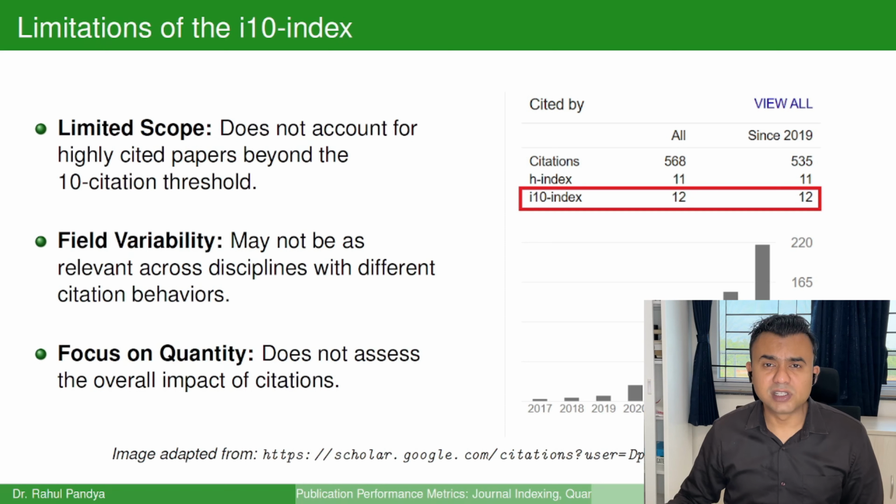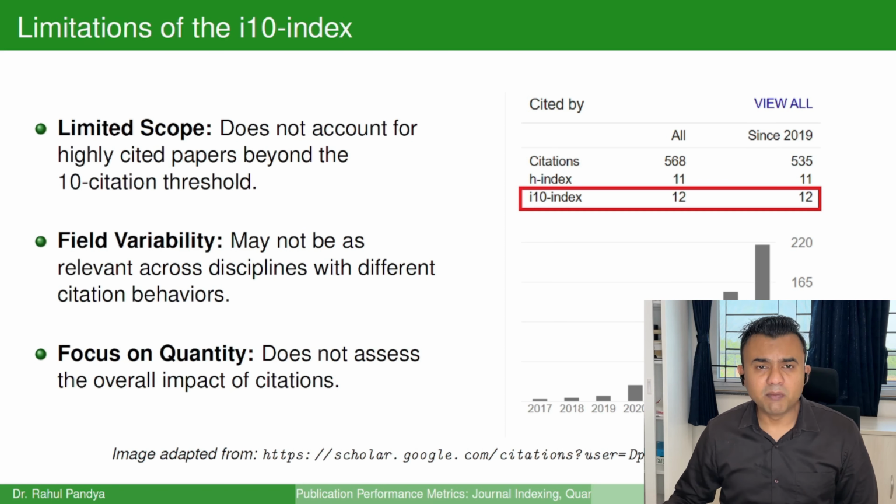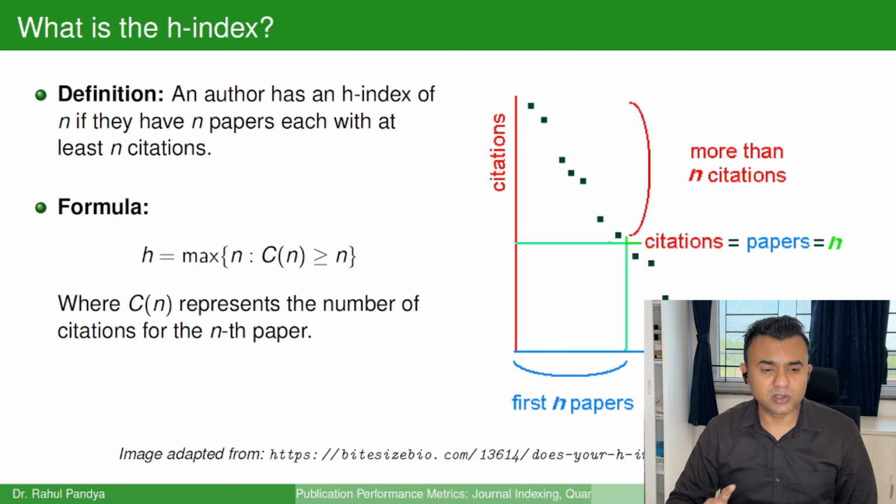Often researchers will self-cite and increase the number of i10 papers by increasing their citations, or recommend that colleagues or friends cite their work to increase that count. That's why it is more focused towards quantity rather than quality. So that was the disadvantage.